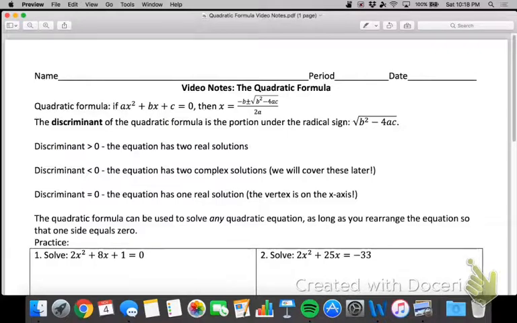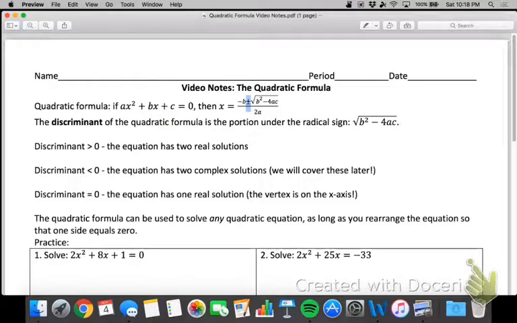This portion that's under the radical sign is called the discriminant, and it tells you what type of roots you have. If the discriminant is some number that's greater than 0, then the equation has two real solutions. If we got like square root of 25, then we would have two real solutions because there's plus 5 and there's minus 5 from the plus or minus in the equation.